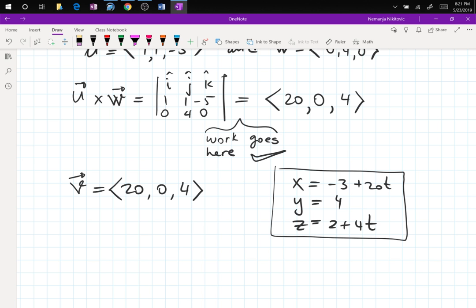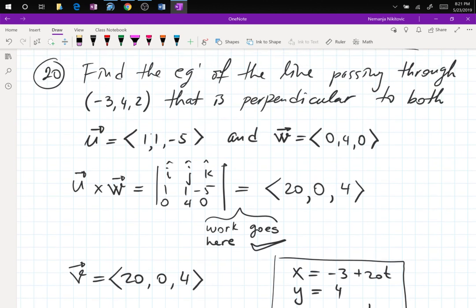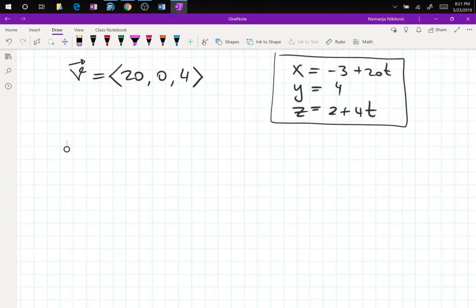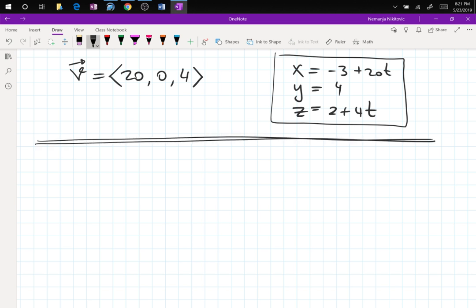So what you have seen there is the solution for this problem 20. And now we are going to take care of the second half of the lecture, which is dealing with equations of planes.